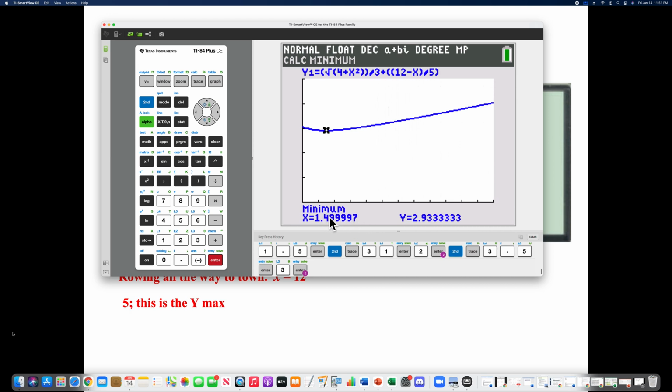Type it in, round it to where it's obviously jumping out at us at 1.5. Type it in, and you get the same y value. Okay?